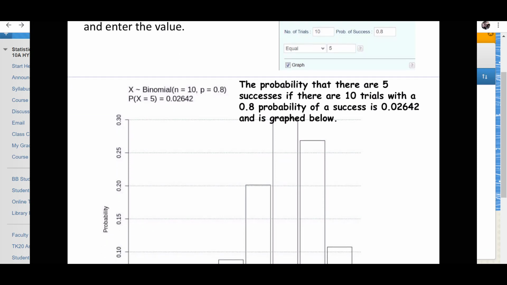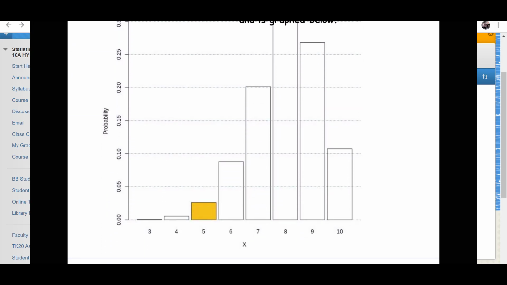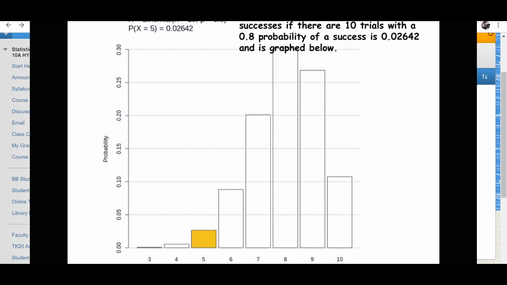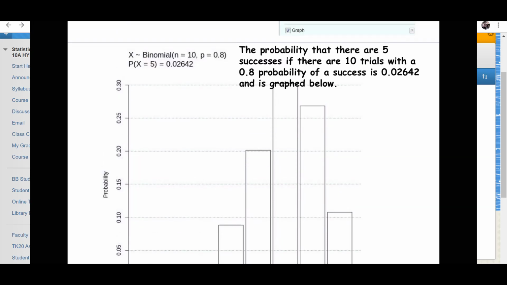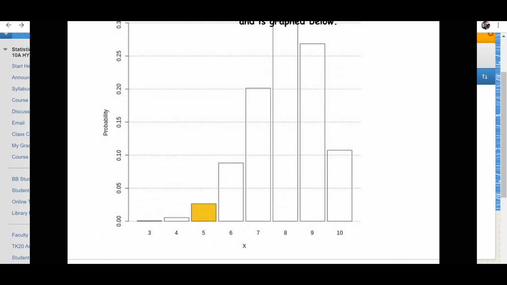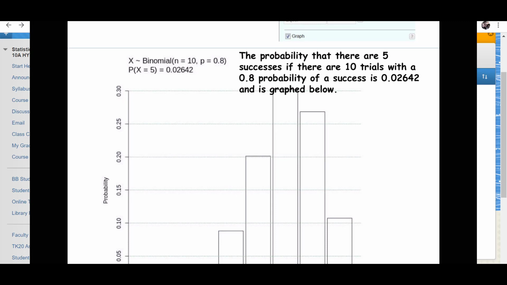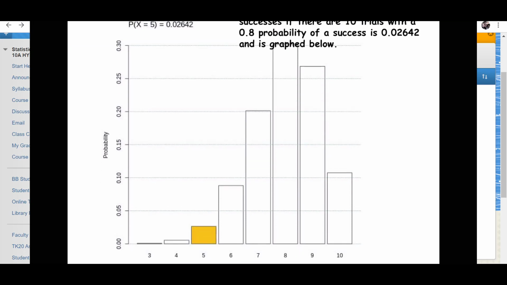You'll see it graphs it for you. Each of these bars, if you'll recall, represents a relative frequency, but it can also represent a probability. So the probability of exactly 5 is shaded, and you can see that it is 0.0264 right here. That would be the number it gives you in the Rgruoo calculator. So it's fairly quick. Again, you don't have to graph it, but I like the graph because it visually shows you what you're finding.